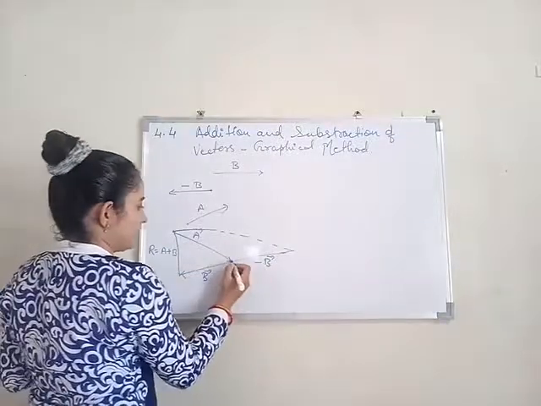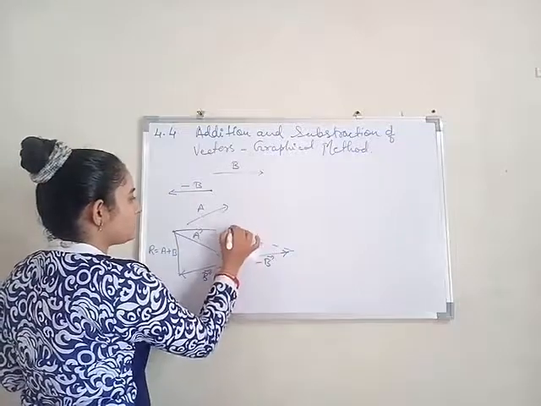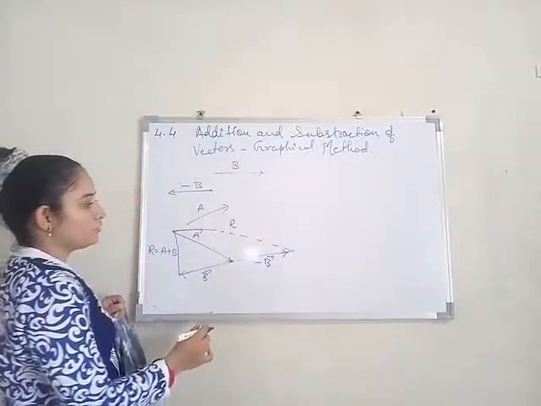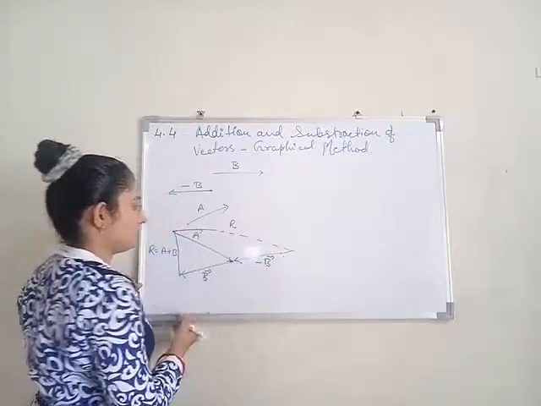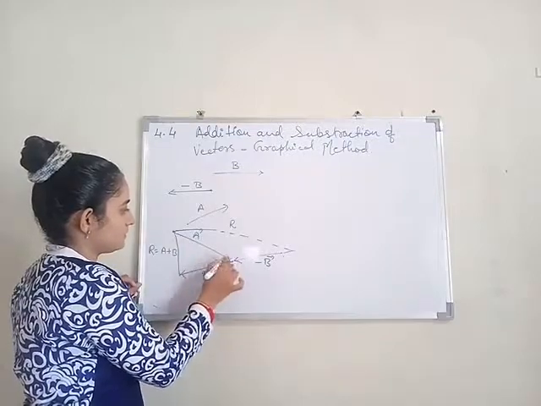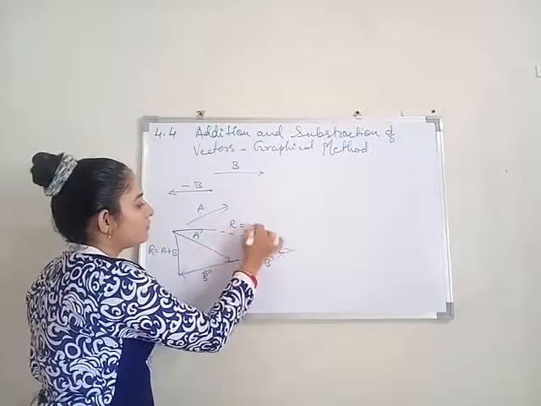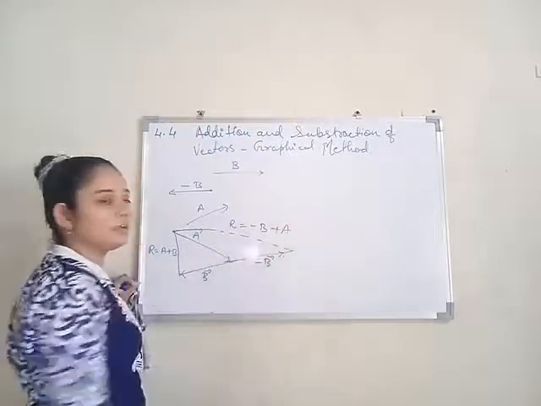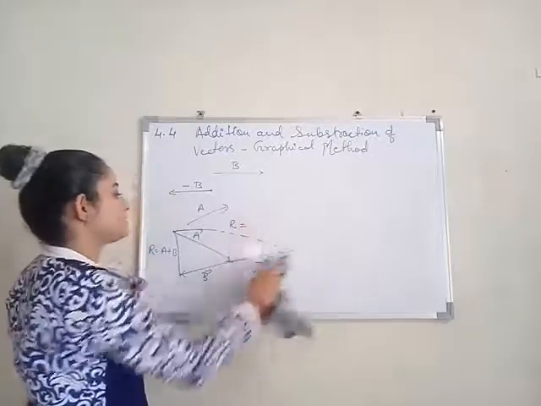Here is the direction of this, and this. So the resultant vector R will be equal to minus B plus A, or else you can write A minus B.